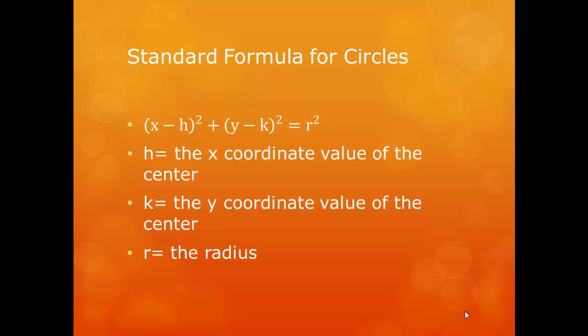Alright, now it's time for examples. Let's start with an example at the origin. If you were thinking about a center that was at (0, 0), or the origin, this equation could be simplified just a little bit more.